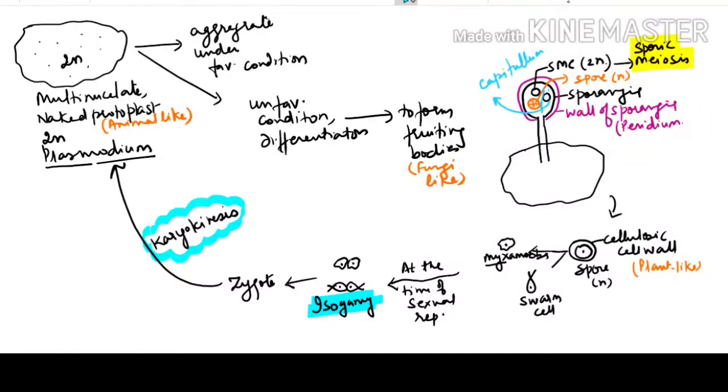So it means they are doing only sporic meiosis, so they want to live as diploid only, so they are preferring the diplontic life cycle. So the diplontic life cycle is shown by these types of slime mold. Which type of slime mold have I discussed right now? It is acellular slime mold.